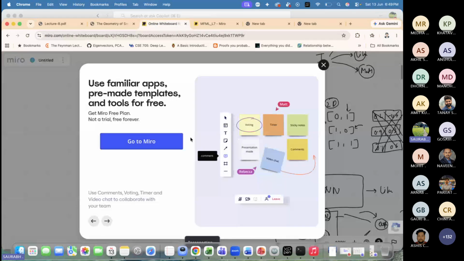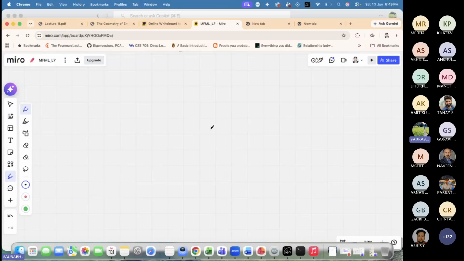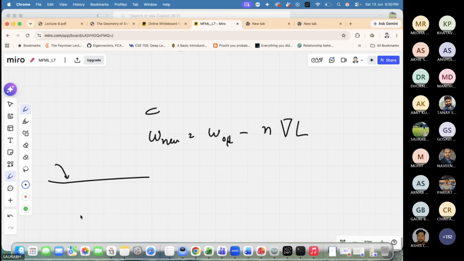Why I'm saying that is because if you think of your gradient descent, w new is equal to w old minus eta times the gradient of the loss function. Now at a flat surface, what would be the gradient? Low or high? Zero.